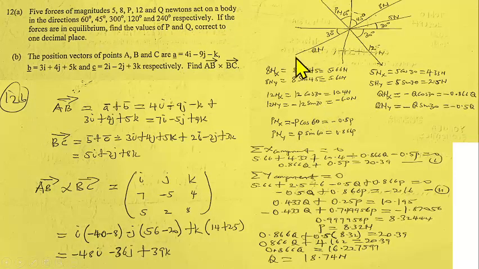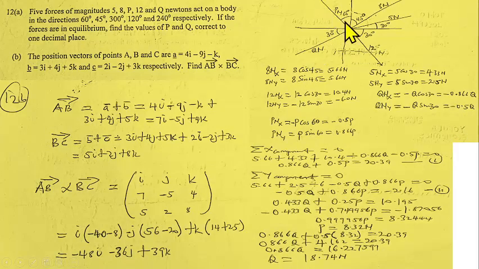Then if you resolve the force Q Newton, for the x-axis component you'll have a negative, because x is negative at this point, so minus Q cos 30, which gives us minus 0.866Q. Along the y-axis it's also negative at this side, so minus Q sin 30 will give us minus 0.5Q.